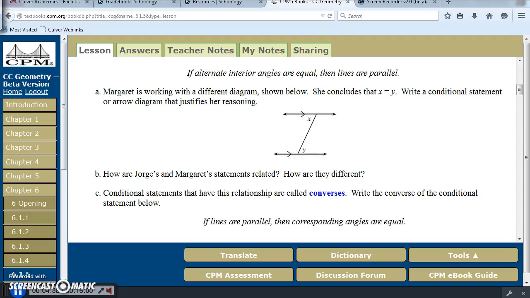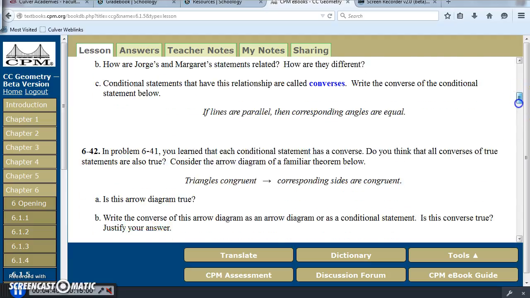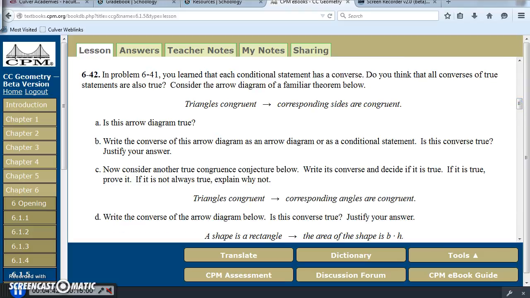So let's take a look at what they have to say in 6-4.2. In problem 6-4.1, you learned that each conditional statement has a converse. Now, we're going to test to see if all converses are true. The first statement we're asked to consider is if triangles are congruent, then corresponding sides are congruent. We conclude that this statement is indeed true.